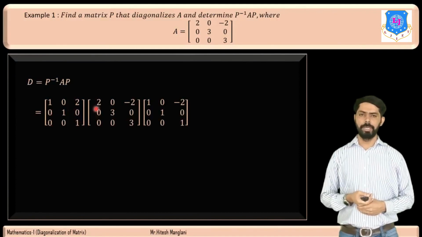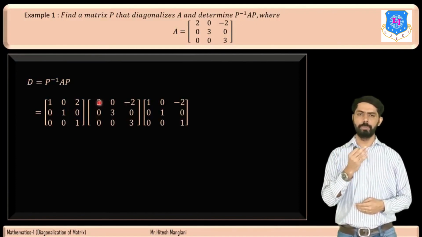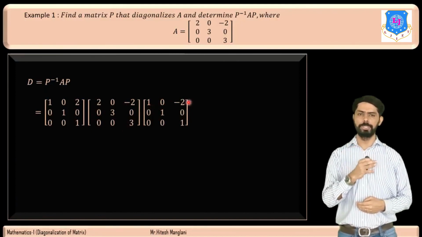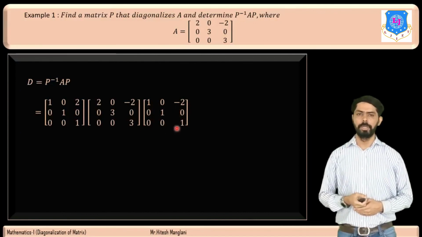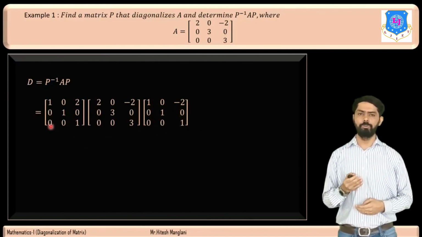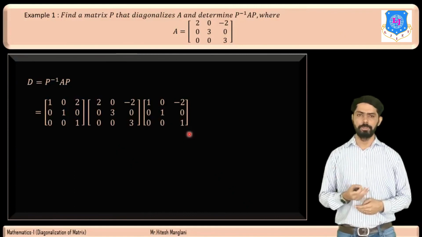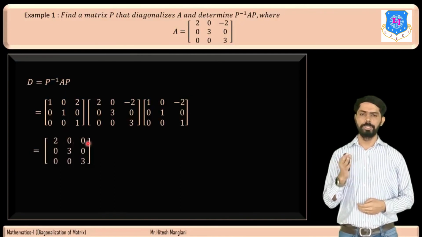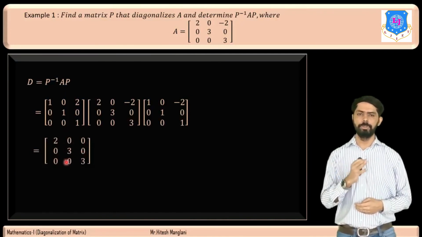Then A is the given matrix, which is [2 0 -2; 0 3 0; 0 0 3], and P is [1 0 -2; 0 1 0; 0 0 1]. Now we will have to find the product of these matrices. So if we multiply these matrices, then the answer will be [2 0 0; 0 3 0; 0 0 3].